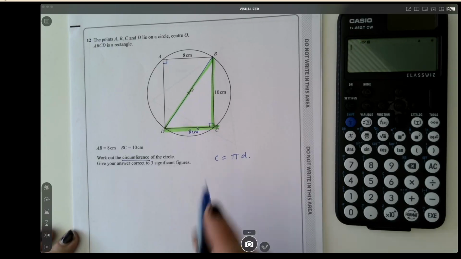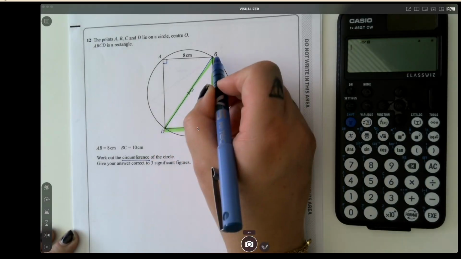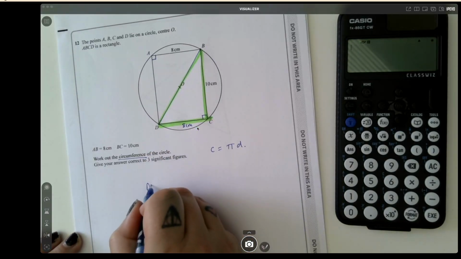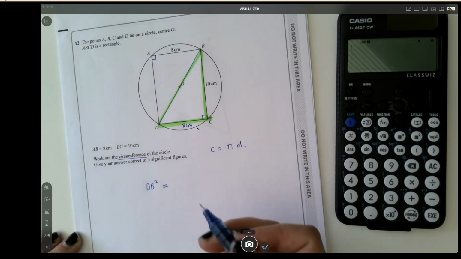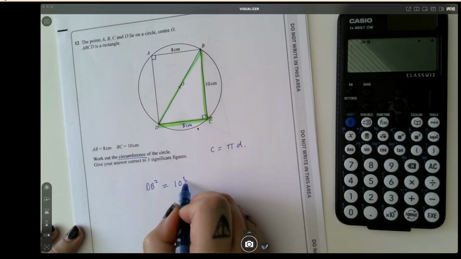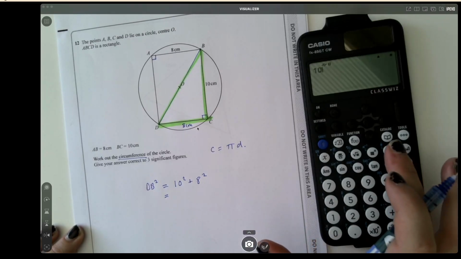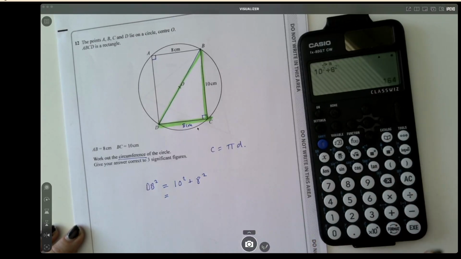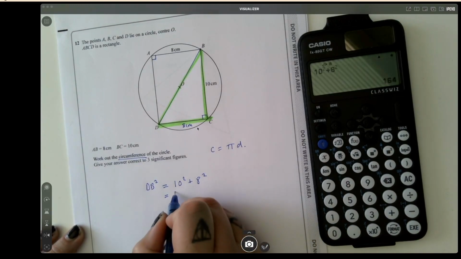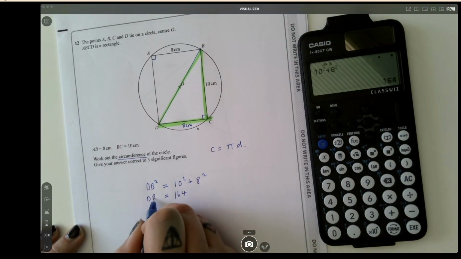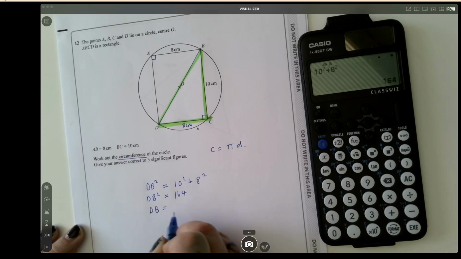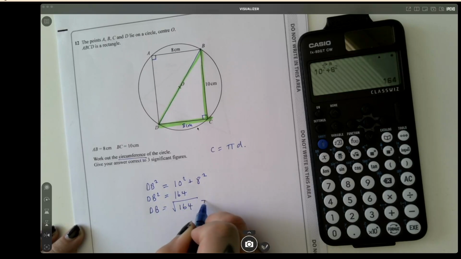So now I can use Pythagoras to find this length here, DB. So the length DB squared, or the diameter squared, is equal to 10 squared plus 8 squared. So 10 squared plus 8 squared is equal to 164. But I only want the diameter itself, so I'm going to square root that.